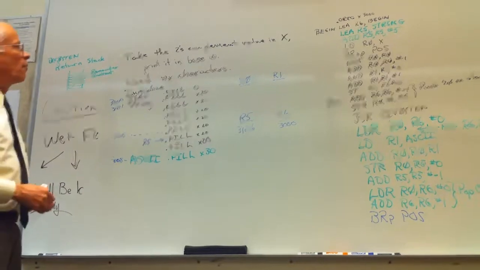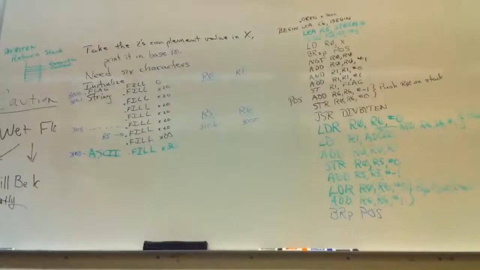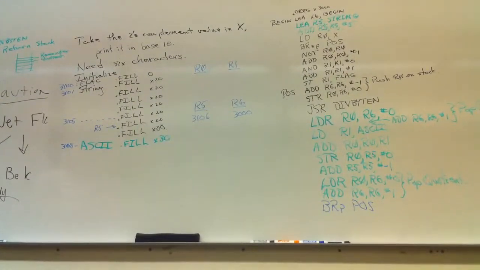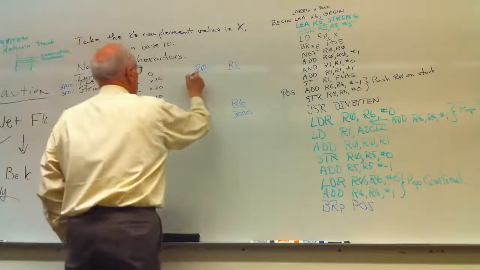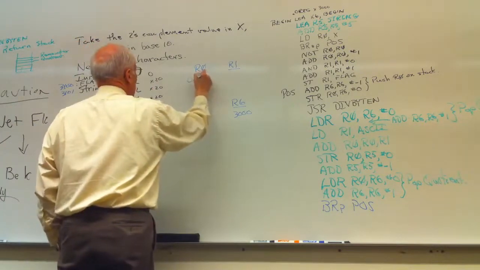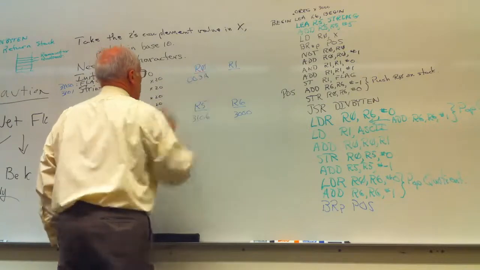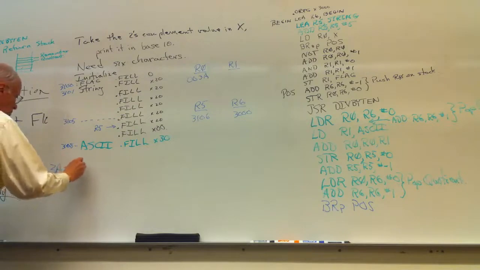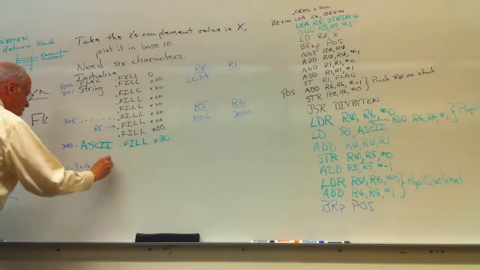Okay, now we load register 0 from X. Well, for this first run through, let's take a relatively small number. Let's say it's 3A in hex. 3A is 3 times 16 plus 10.